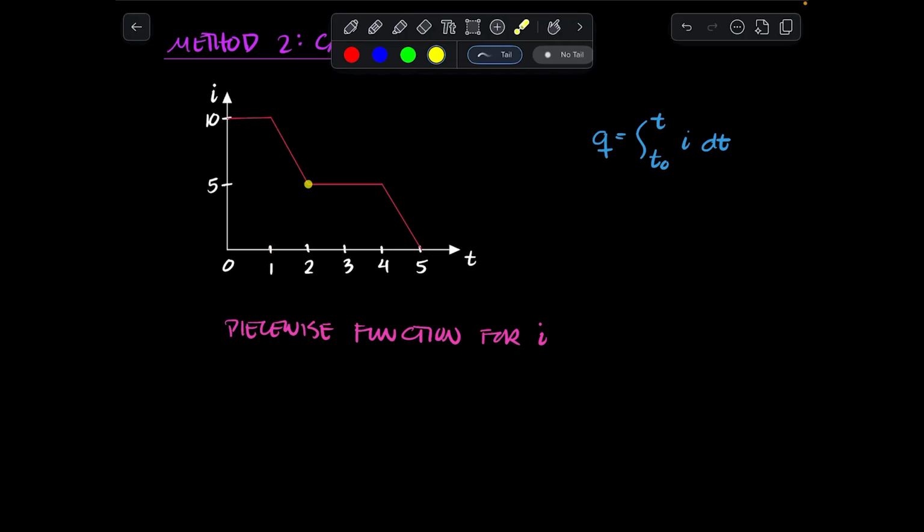From 0 to 1, from 1 to 2, from 2 to 4, and from 4 to 5.